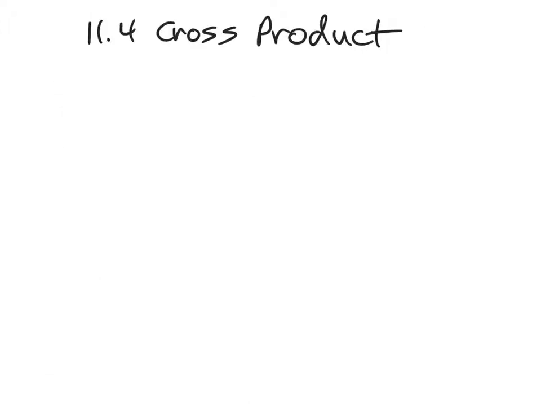And section 4, good old cross product. Definitely find the cross product of 2 vectors. And the cross product turns out to be a vector, but how does that vector compare to the original 2?